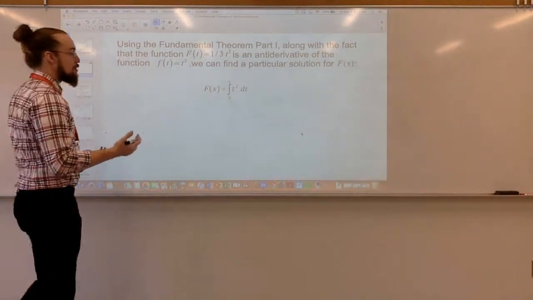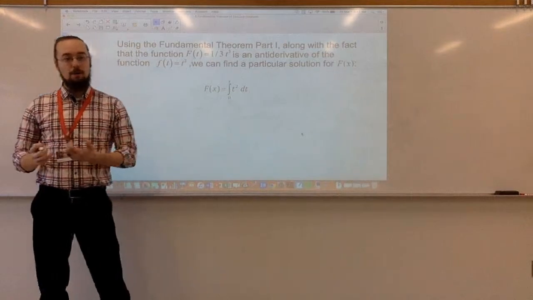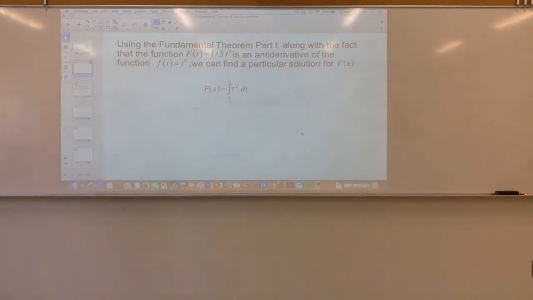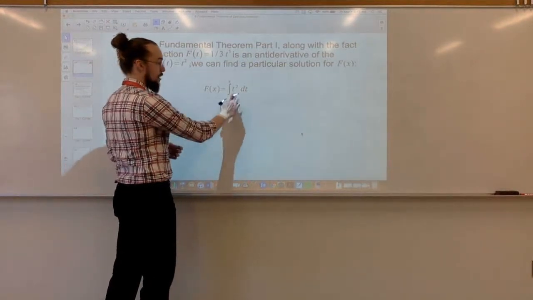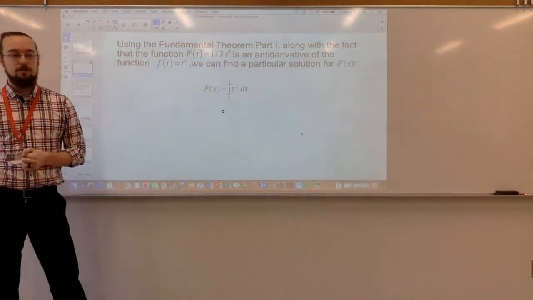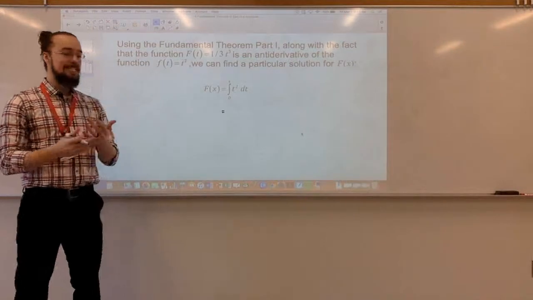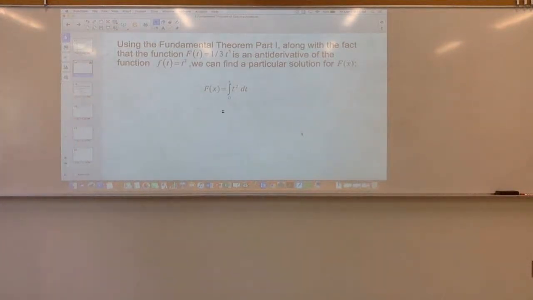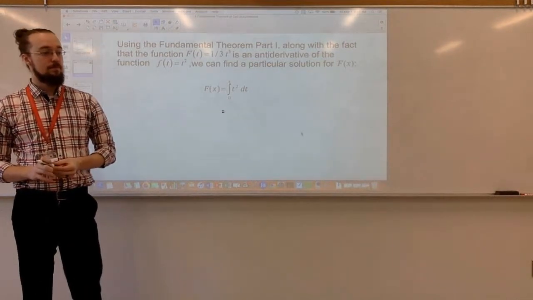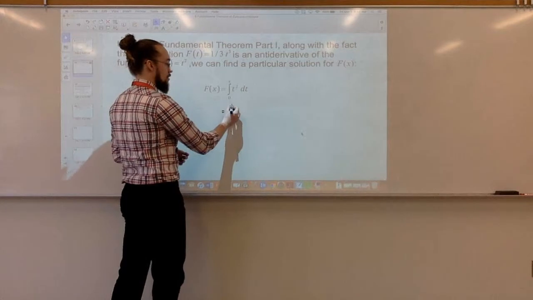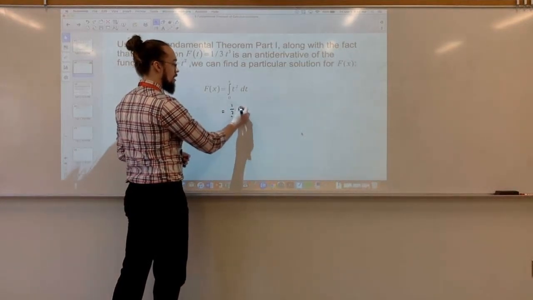So let's use what we talked about yesterday, part 1, and evaluate this. The first thing would be to find the antiderivative. So what would the antiderivative of t squared dt be? 1/3 t cubed.